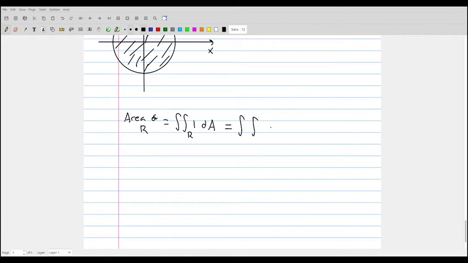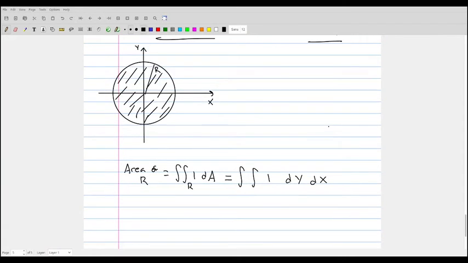So the trick is that we have to figure out correctly what the bounds of integration are going to be for this region. And you always want to remember the rule of thumb to start with the outermost bound first. In this case, we'll start with x, and then move to the innermost bound y. Well, the outermost bound x is going from this x value right here, which is negative r, to this x value right here, which is positive r.